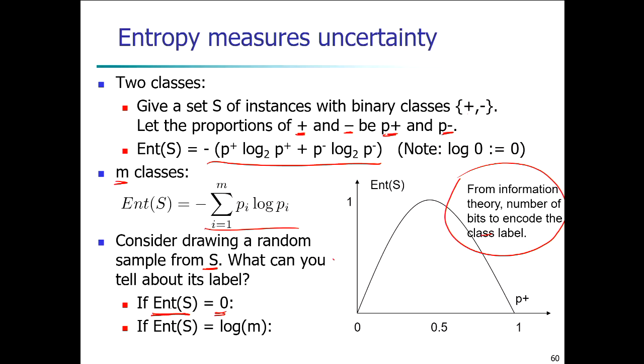You randomly draw one out. Basically, you almost have certainty about the label of this ball, whether positive or negative.